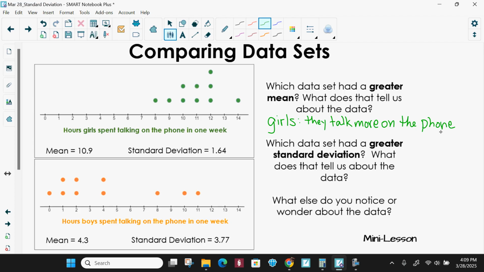Okay, now the standard deviation is greater for the boys because the time varies more in the boy data.